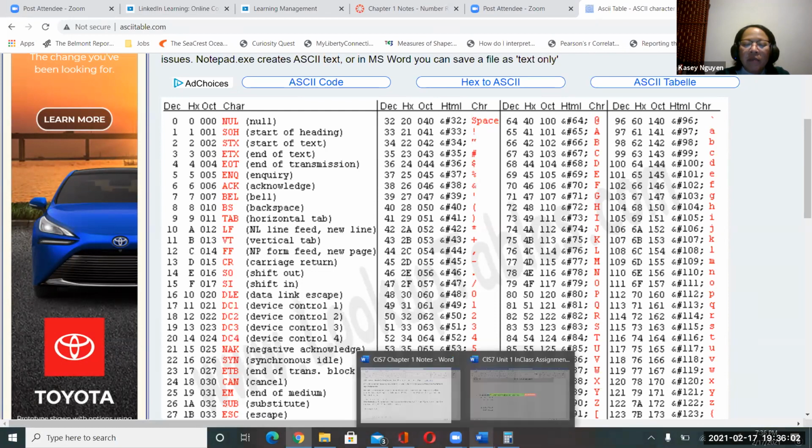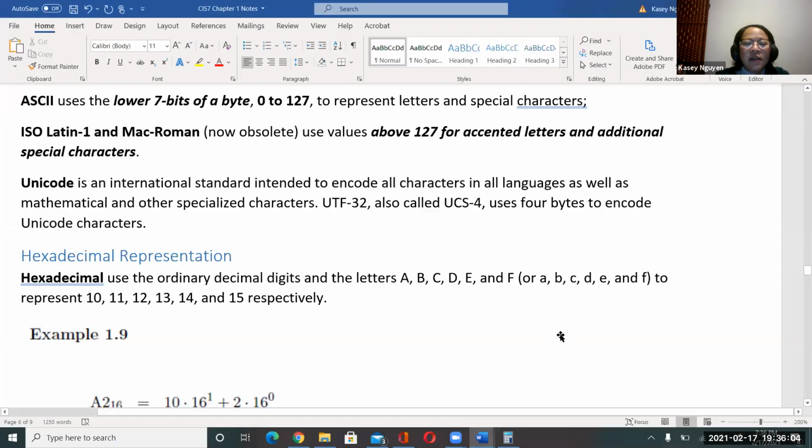So going back to our notes, you can see it touches on that. Unicode is the international standard for encoding all characters and languages, which is higher, right? Because with ASCII, once you hit 127, it's done. That's the limit.